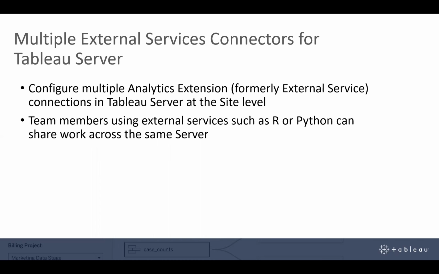Now teams using different R, Python, and other external data science environments can share their work with consumers across the same server. You're able to do that per site now. And settings are easier than ever to configure with the UI controls or via the server REST API.